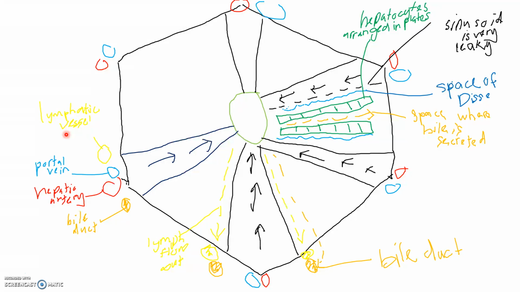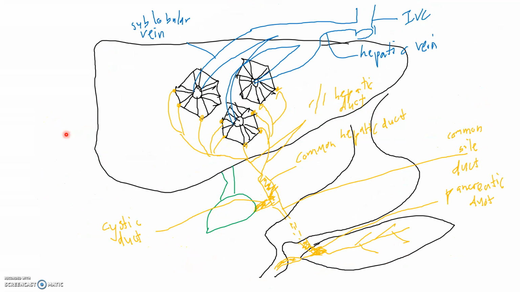Okay, so next we can move on. Here we're going to talk about how the bile is actually going to be drained. So the central vein, okay, this is actually the central vein, will take the blood from the center and drain into the sublobular vein. The sublobular veins will combine together to form the hepatic vein, and the hepatic vein will eventually drain into the inferior vena cava.